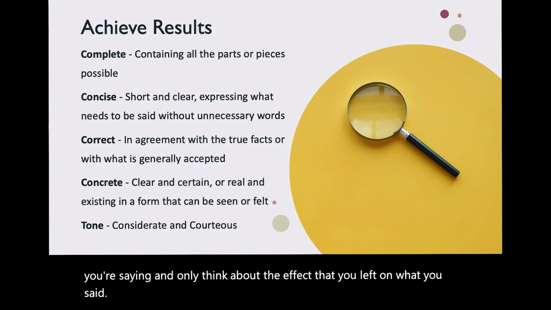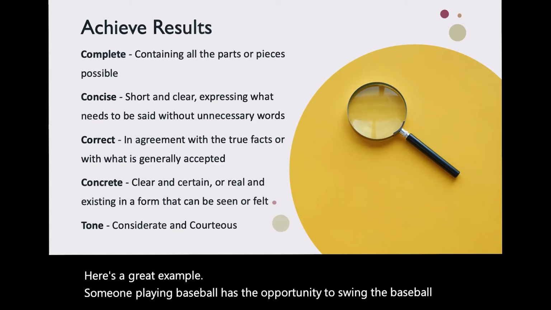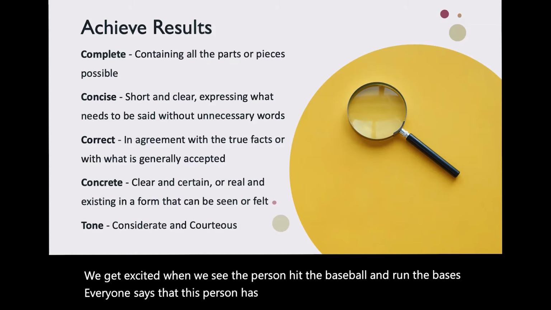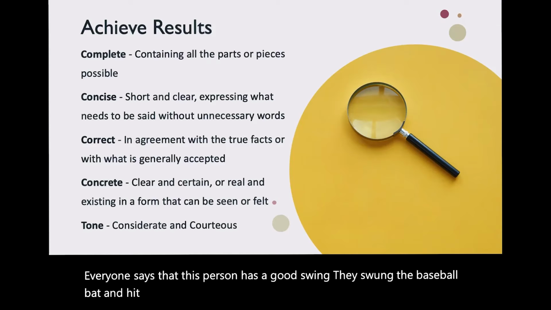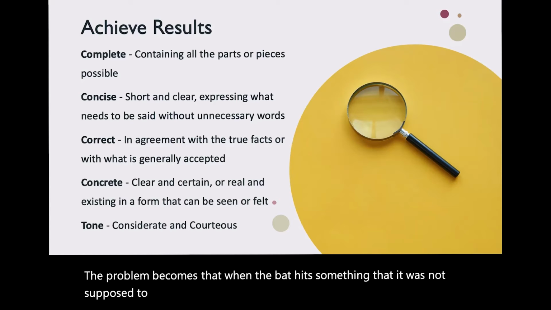Here's a great example. Someone playing baseball has the opportunity to swing the baseball bat at a ball. We get excited when we see the person hit the baseball and run the bases. Everyone says that this person has a good swing. They swung the baseball bat and hit the ball. The problem becomes that when the bat hits something that it was not supposed to hit, maybe it flies out of the person's hand, maybe it hits the catcher by mistake, maybe it hits the umpire.